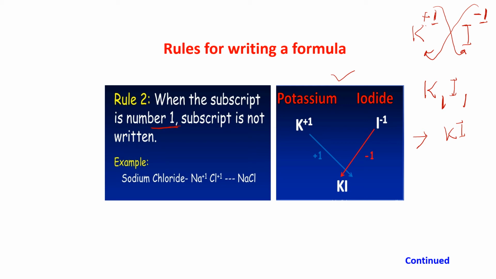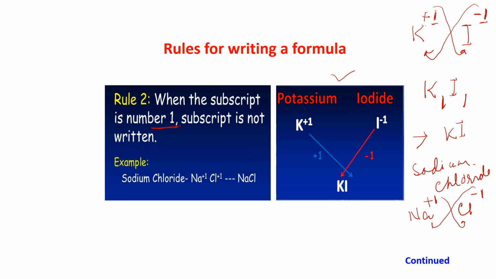Am I clear? Similarly, suppose I will write sodium chloride. Symbol of sodium is Na with valency +1. Chloride is coming from chlorine, Cl with valency -1.